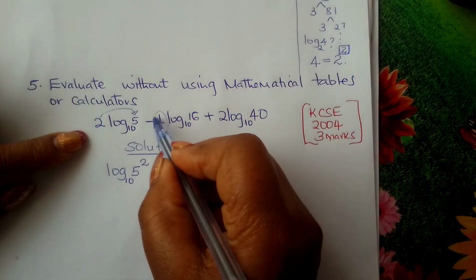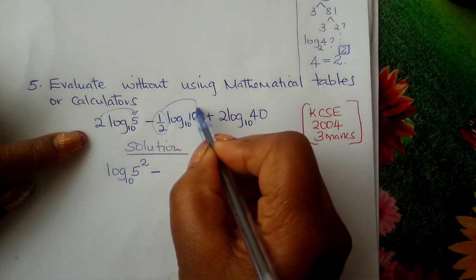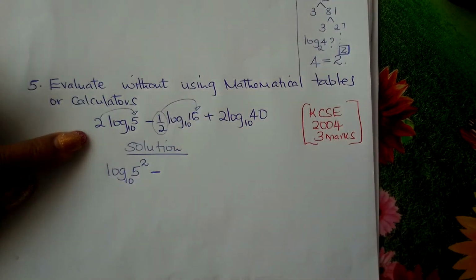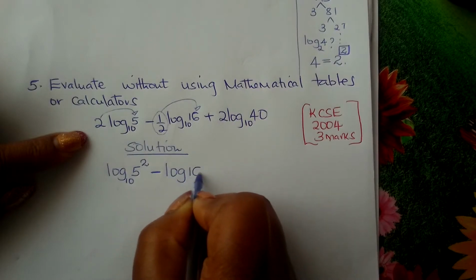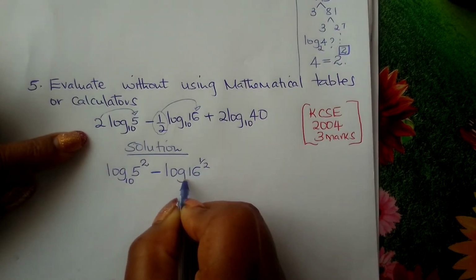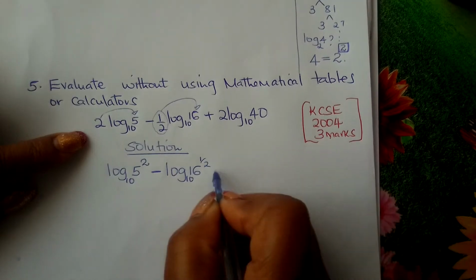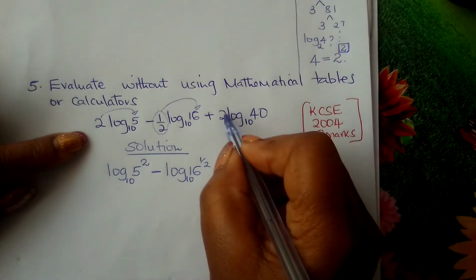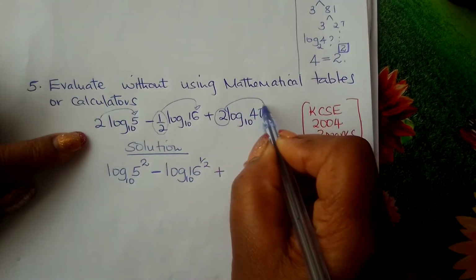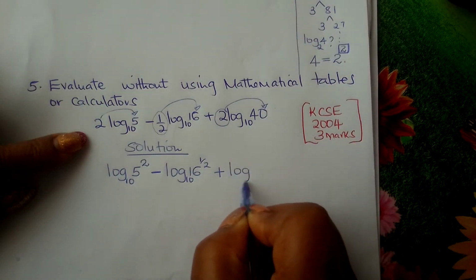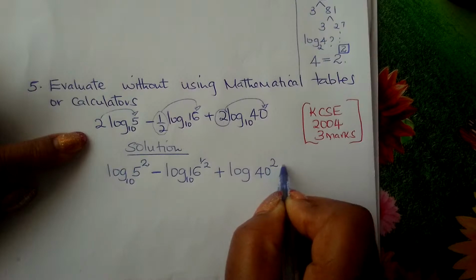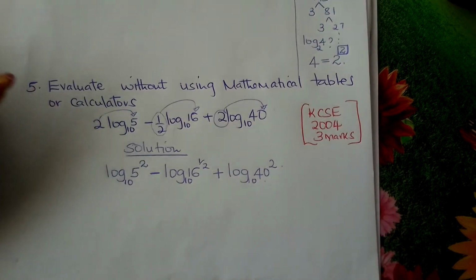You do the same to this. Take it up here to become the power of 16. So you write log 16 raised to a half to base 10. Plus, we continue. Take this up here to become a power. So you write log 40 squared to base 10.